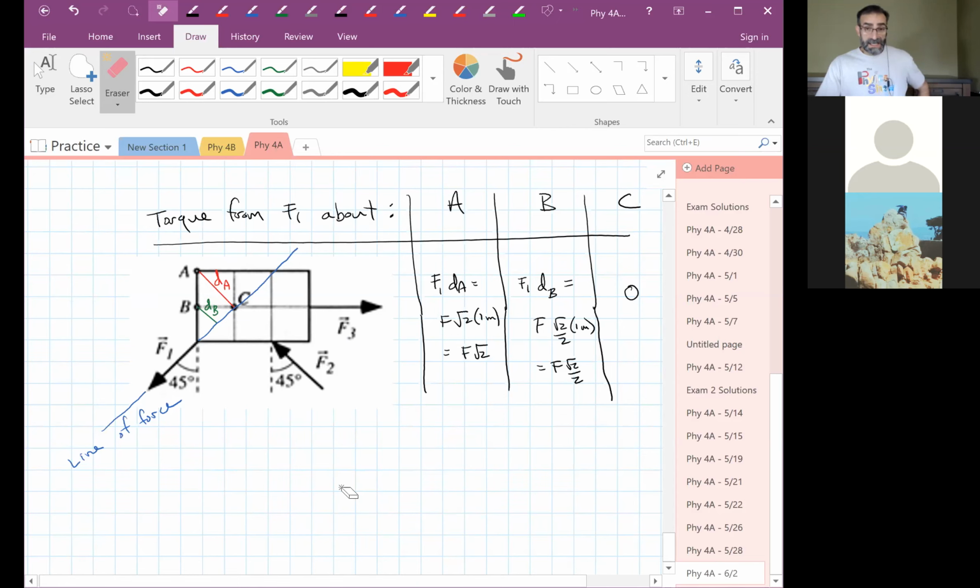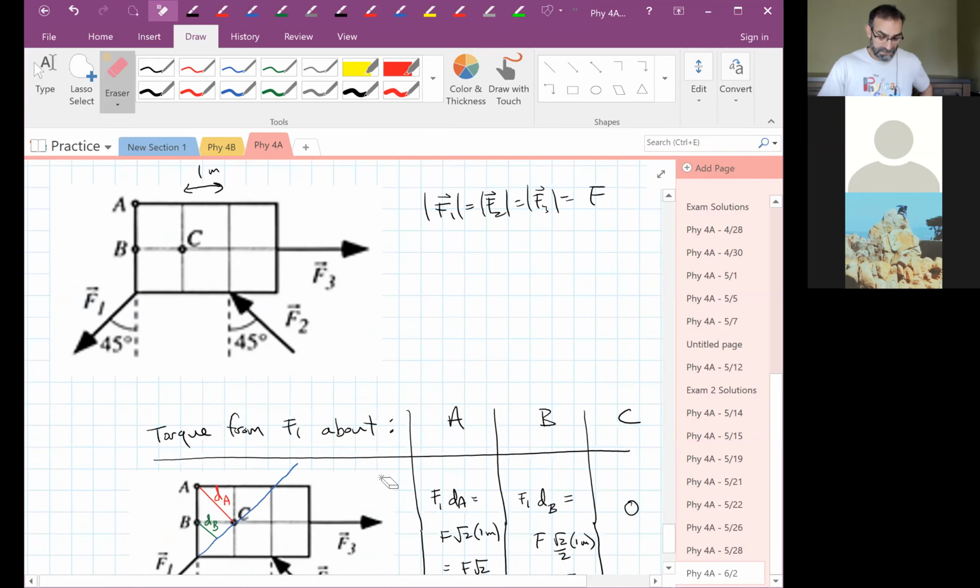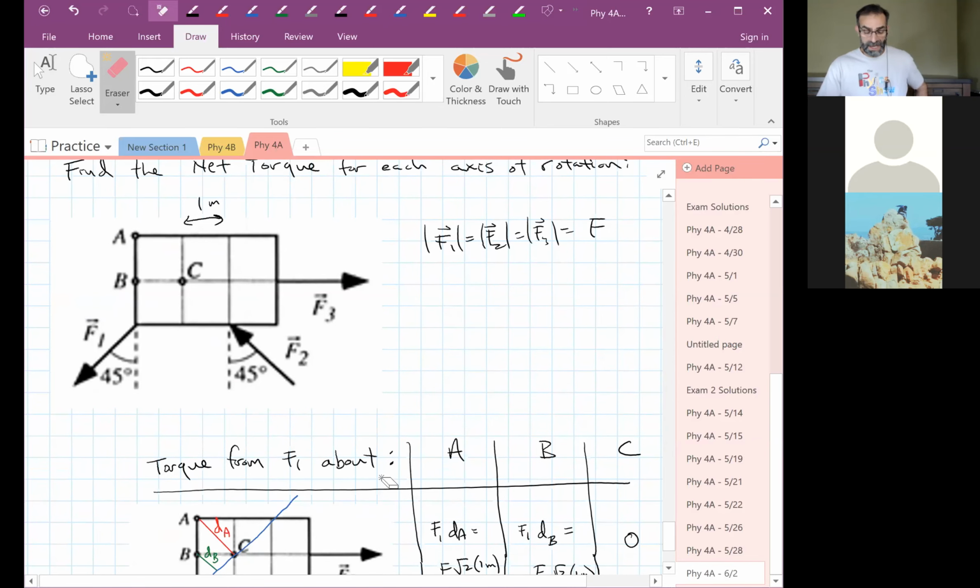So, okay, let's define a direction. What do we want to be positive, out of the page or into the page? How about out of the page is positive?